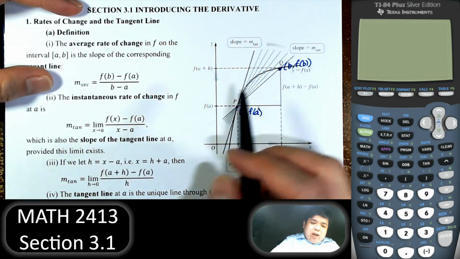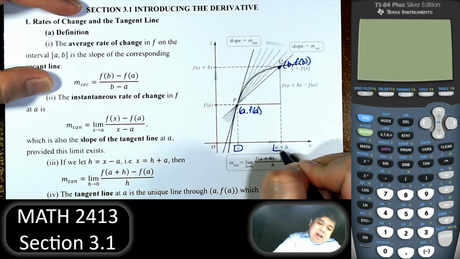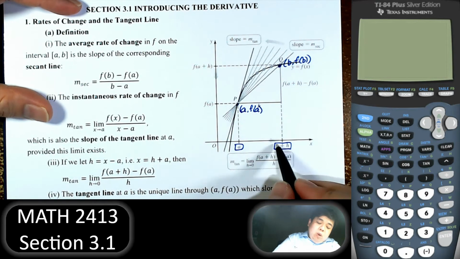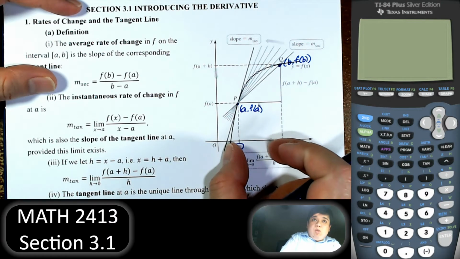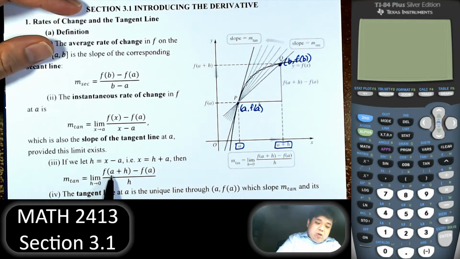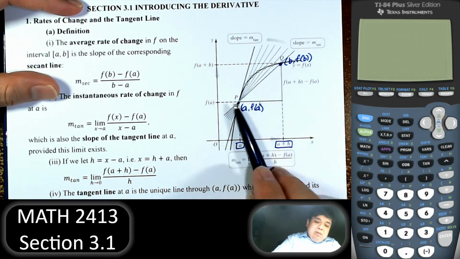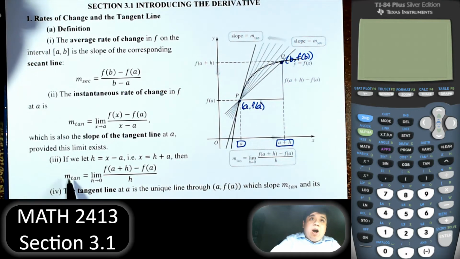Now instead of writing A and B, we will write A and A plus h. In that case, we will let h go to 0, so the distance between them gets smaller and smaller. Essentially, we find the limit, and the limit of the slope of the secant line is the slope of the tangent line.